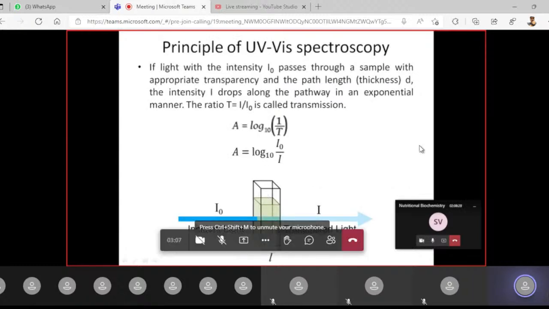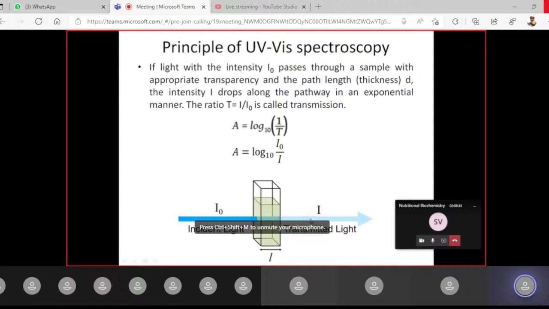So they can absorb certain light and the remaining light will pass through. But if you are using the visible part of your light, your solution has to be colored. So how do you make it colored? By adding certain reagents. In either case, in UV, when you're passing the UV light, the color is not required. But when you pass the visible light, you need your sample to be colored.